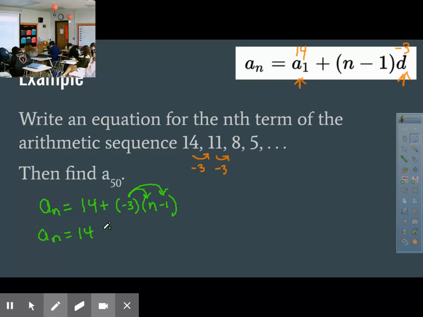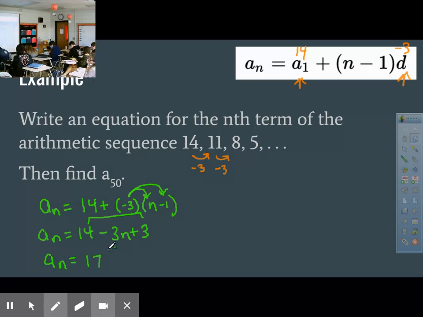Negative 3 times n is negative 3n, and negative 3 times negative 1 is positive 3. Now you add your like terms. 14 and positive 3 is 17. So your formula would be 17 minus 3n. That's the first part. That's your formula.